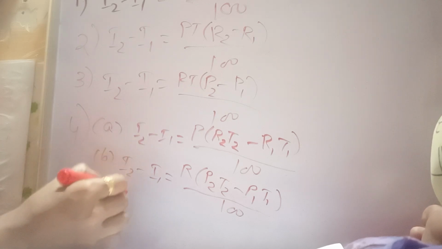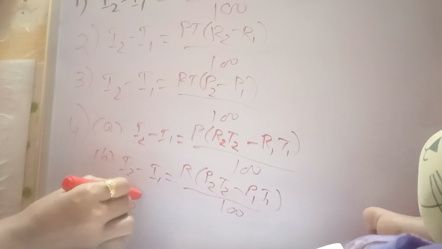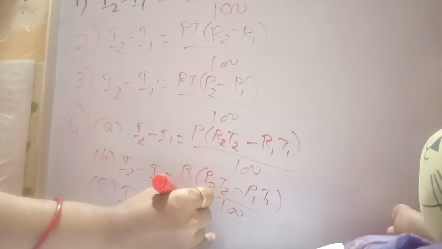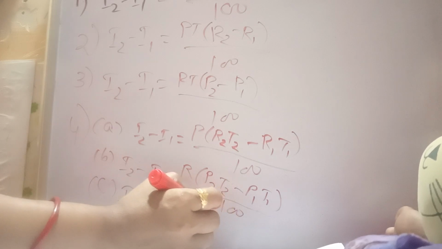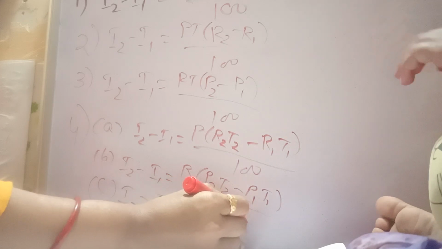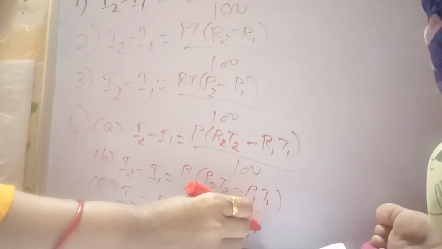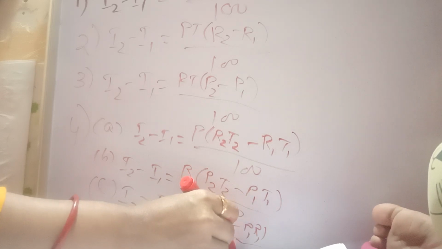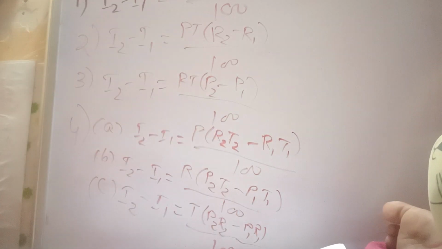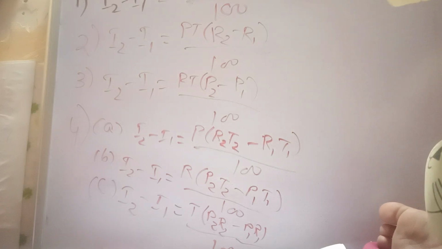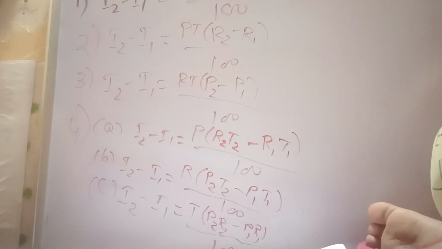I2 minus I1 equals T whole into (P2 R2 minus P1 R1) divided by 100. These are the three rules. According to these rules, we will see some examples, some questions so that we can understand.